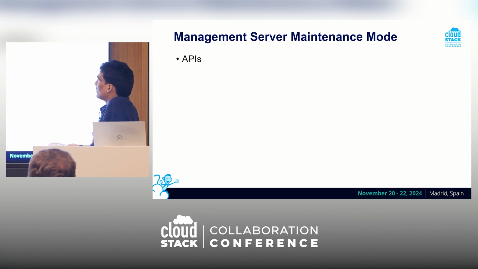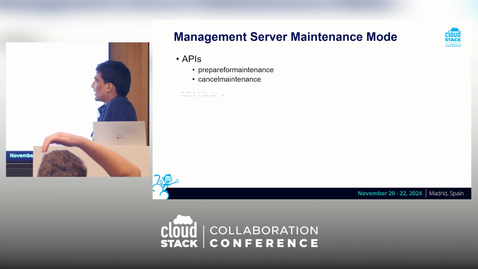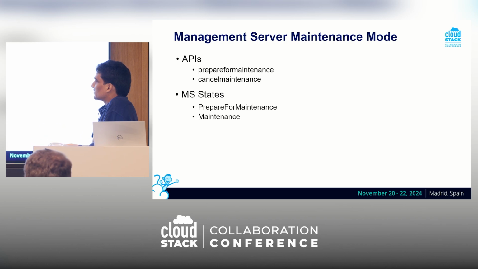So these are the proposed changes. Two APIs were introduced: prepare for maintenance and cancel maintenance. When we initiate prepare for maintenance, it goes to a preparing state, and once the pending jobs are completed and agents are transferred, it goes to the maintenance state.